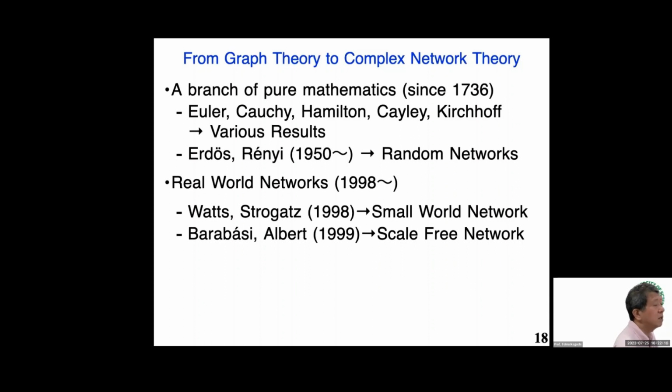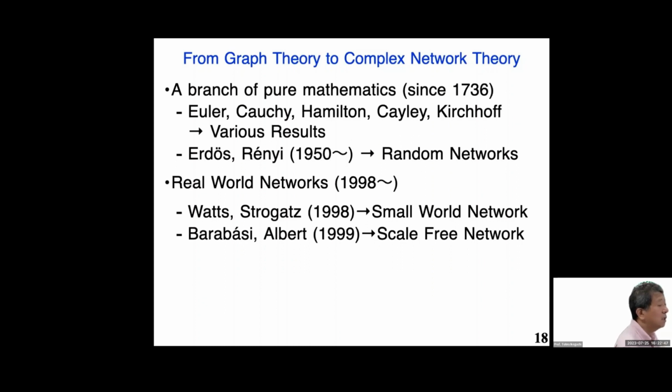After 1736, various results were obtained and accumulated through the work of, for example, Cauchy, Hamilton, Cayley, Kirchhoff, and so on. And in the middle of the 20th century, two mathematicians, Erdős and Rényi, made progress, for example, in the study of random networks. Further, at the end of the 20th century, a new field of network theory, which is now called complex network theory or network science, began.